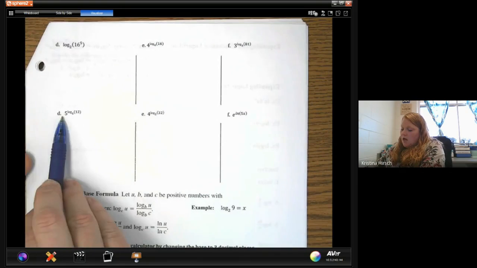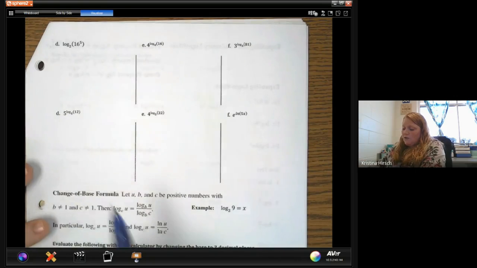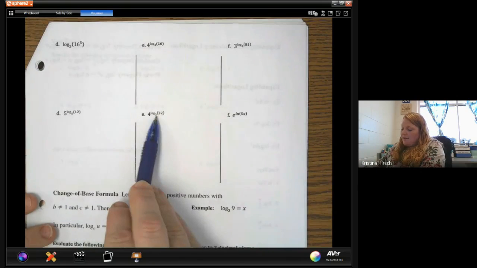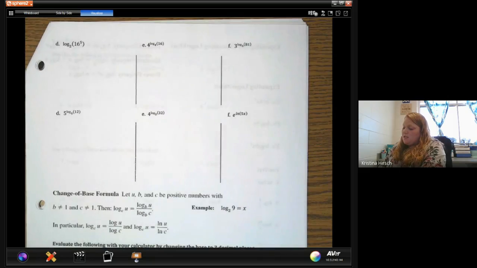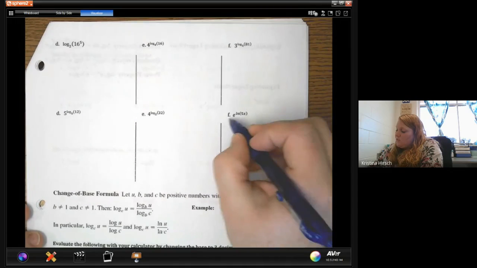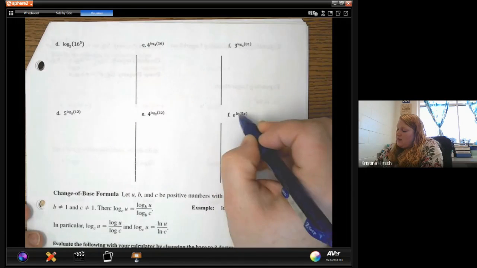Here the log base 5 of 5 would cancel, leaving you with the 12, so that helps you out. Here, you're going to have to do some manipulation, so we'll look at that in class. And then we'll have stuff like this. If we look at this one, e and then ln.